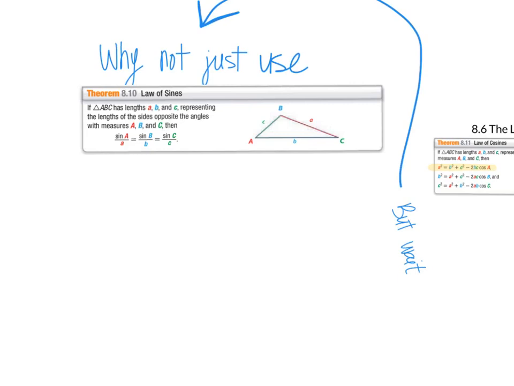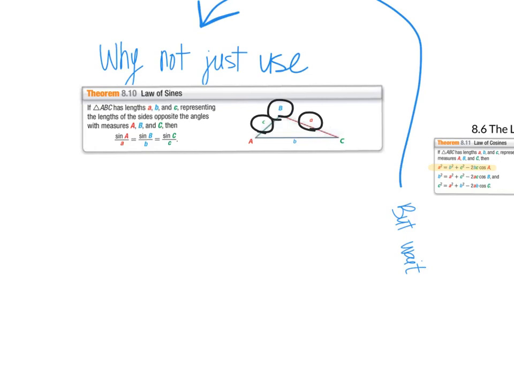What would be a situation where maybe I could not use the law of sines? What if I was given the side length C and the side length A and the angle measure B?